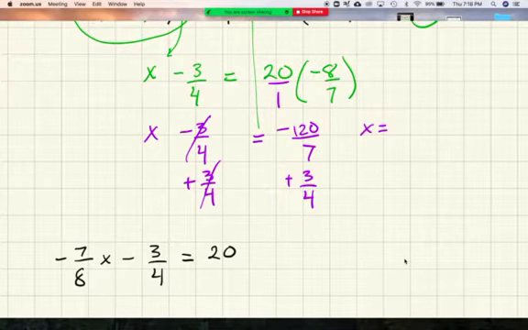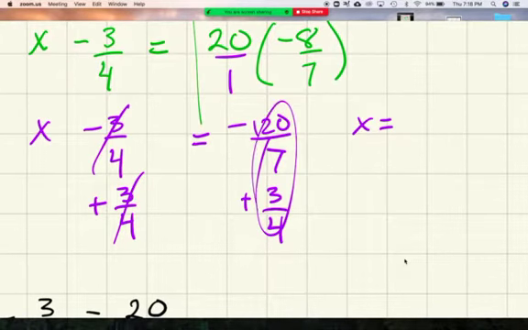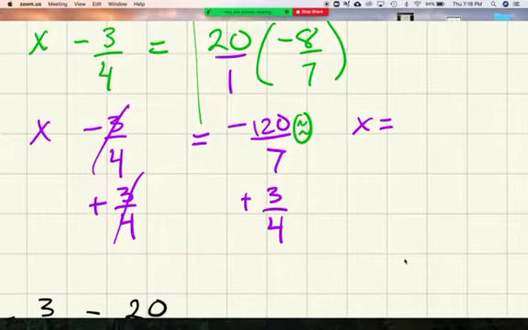And you know what? If we're just trying to figure out which one is different, I wouldn't even bother with a common denominator here, because all you need is a decimal answer. So you could just type this into the calculator. 120 divided by 7 is approximately 17.14.